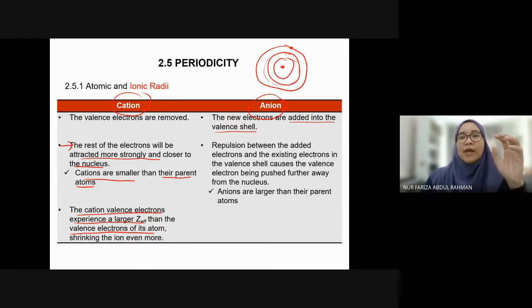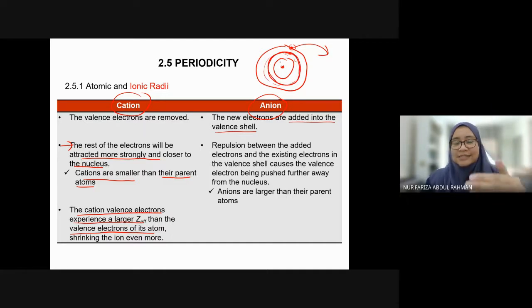Okay, so when this one electron has been removed, there's no valence electron, right? The outermost shell is therefore empty of electron. There's no electron there. So how do we calculate the Z effective for this cation?